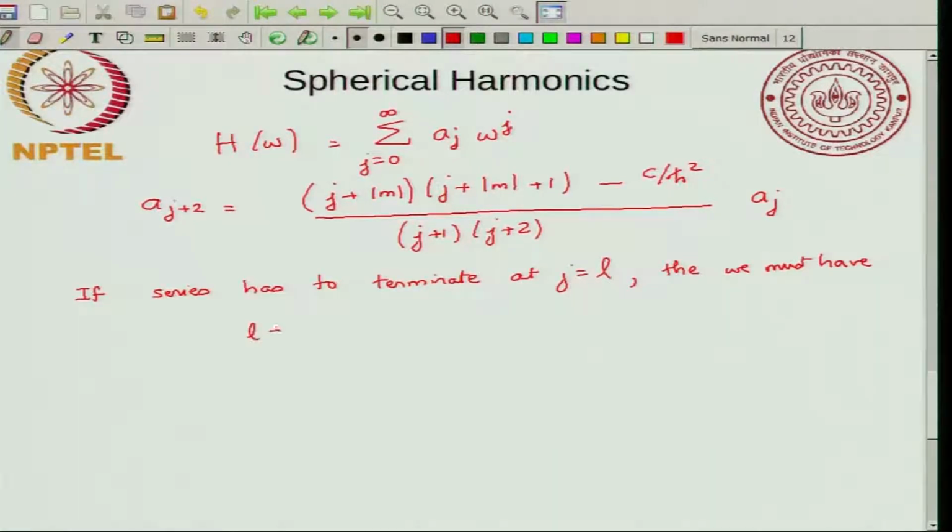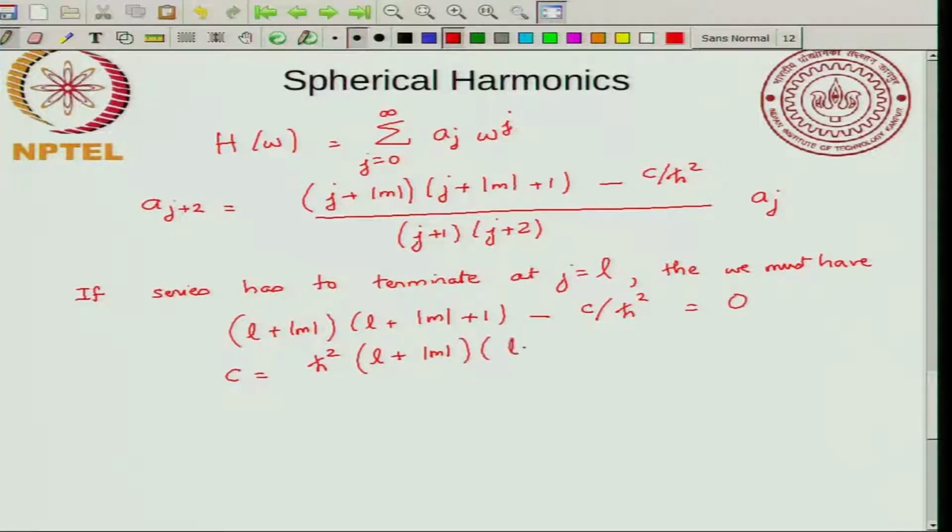So you should have L plus mod m, L plus mod m plus 1 minus c by h bar square equal to 0. Or you will get the relation c is equal to h bar square L plus mod m, L plus mod m plus 1.